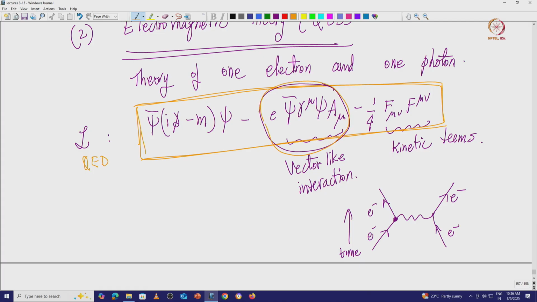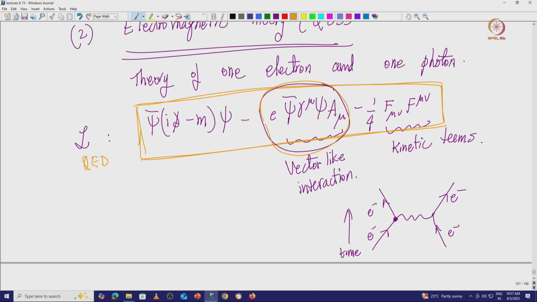Because the photon is a vector-like particle, it can only couple to a vector-like current, and that is the reason why we need to know what Lorentz invariant currents we can write down using Dirac wave functions. And we have seen that you can write a vector current using two Dirac wave functions, and this vector-like current can couple with another vector-like current, which is the photon wave function. So this is nothing but your interaction.